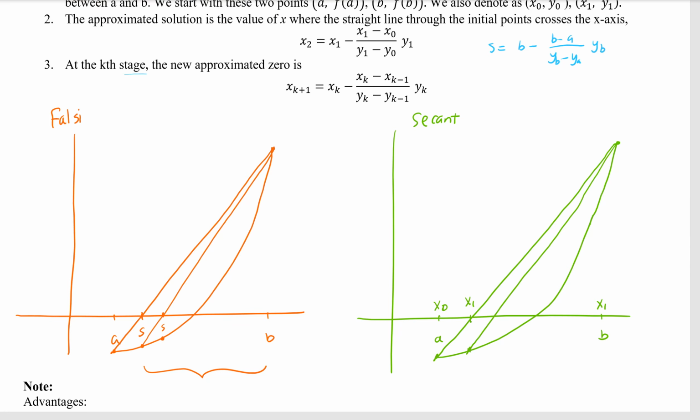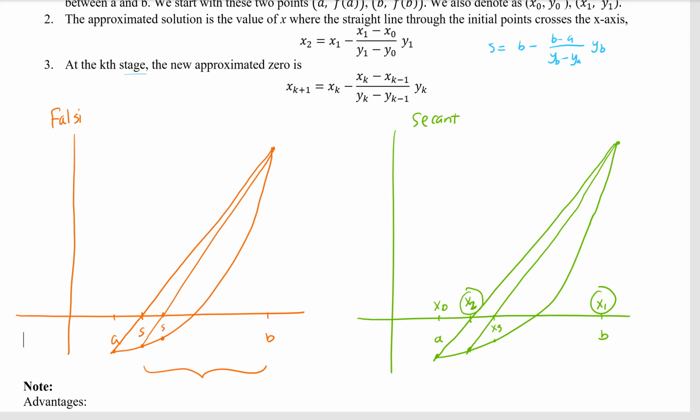For the secant method, we don't need to decide which subinterval. We use x0 and x1 to give us x2, and then we use x1 and x2 to give us x3. So this is f of x3.